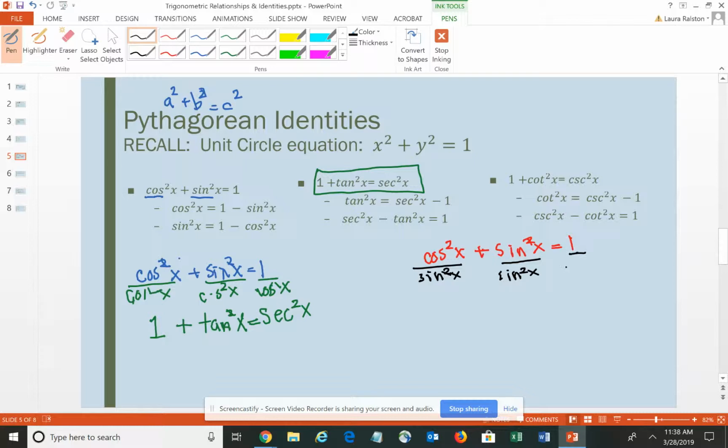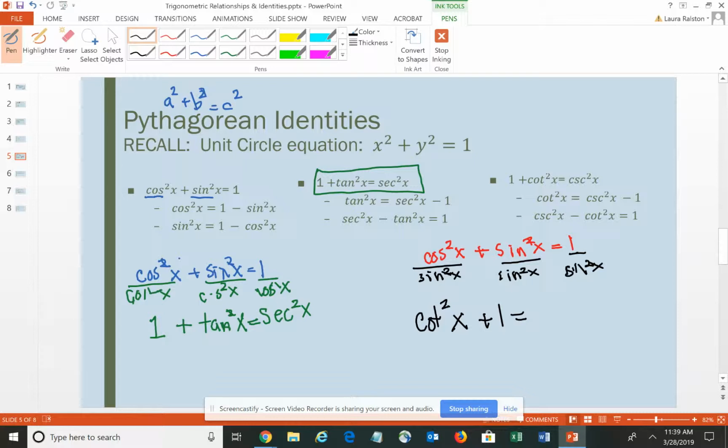Okay, so I divide everything by sine. Then I end up with cosine squared over sine squared. That's our quotient identity, so that gives me cotangent squared x. Sine over sine is 1, and then I have 1 over sine.